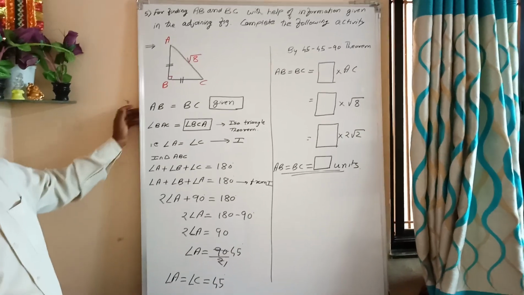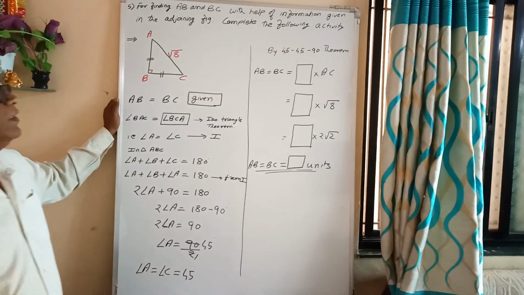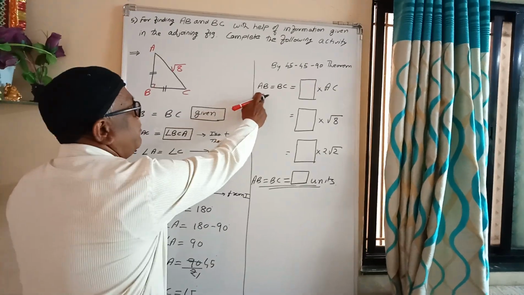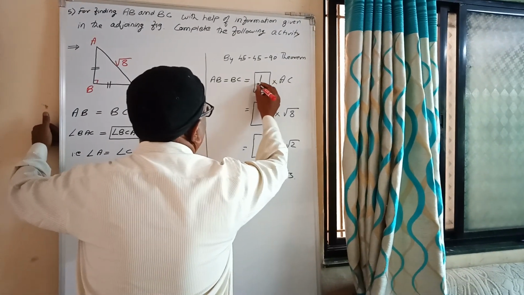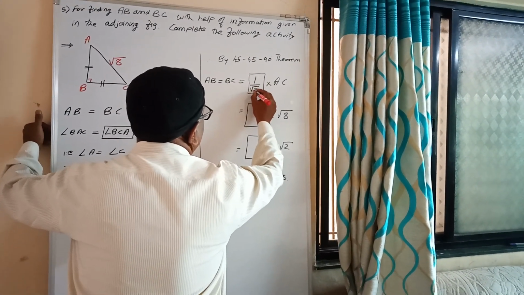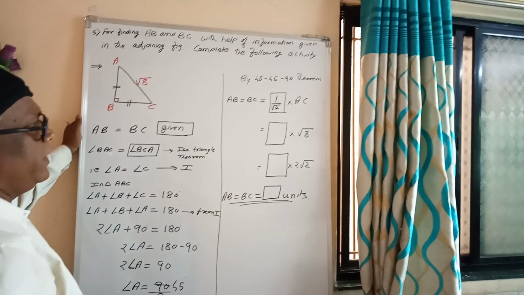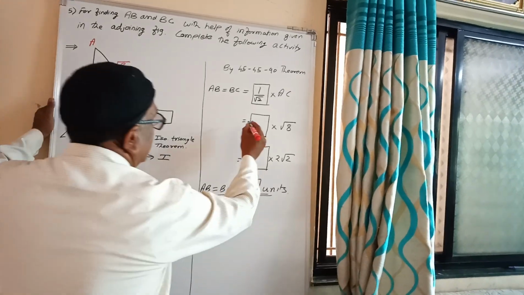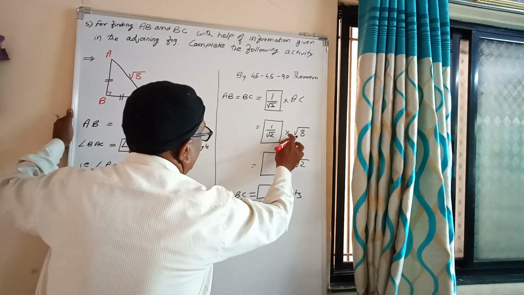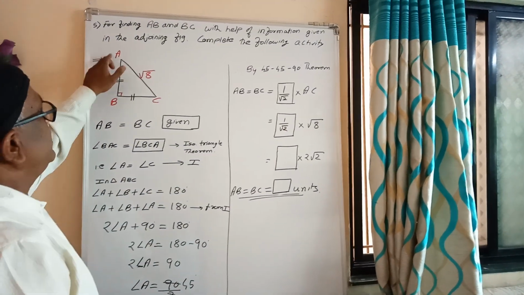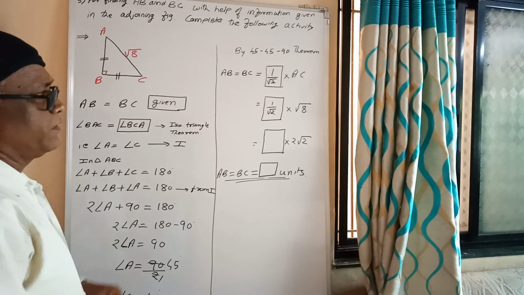Now, by the 45-45-90 theorem, we can write that AB is equal to BC is equal to 1 upon root 2 into AC. Here again, 1 upon root 2 into AC value, that is root 8.